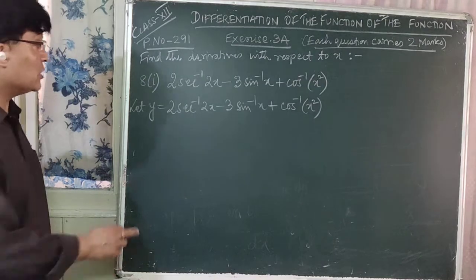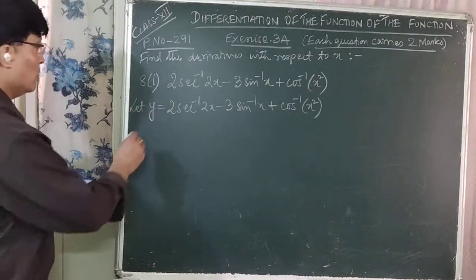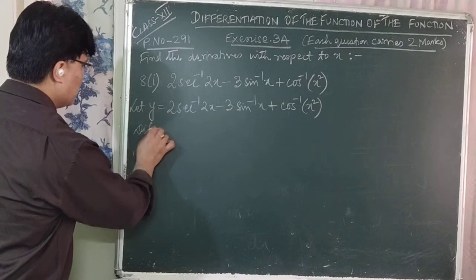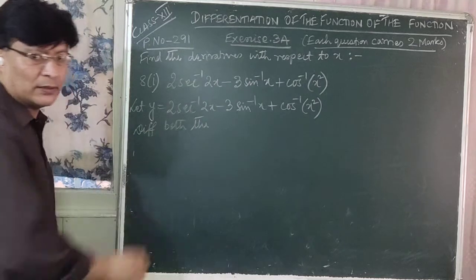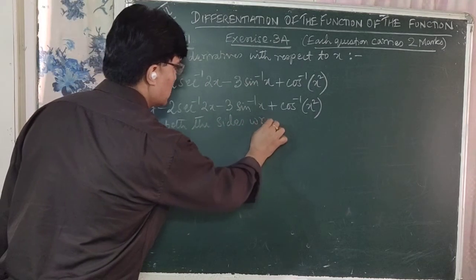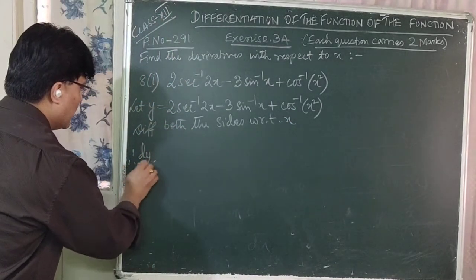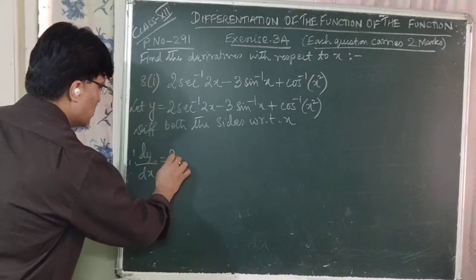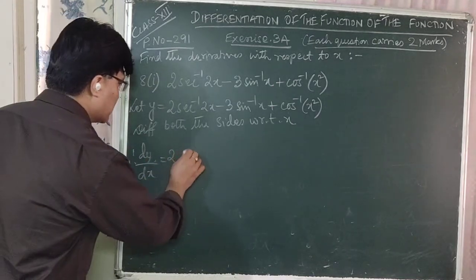Okay? So let us assume y is equal to, let us find out derivatives. Differentiating both the sides with respect to x, right? So therefore dy by dx is equal to, 2 is constant, so you should write 2 before d by dx, right?